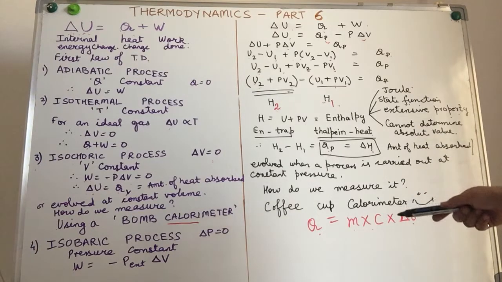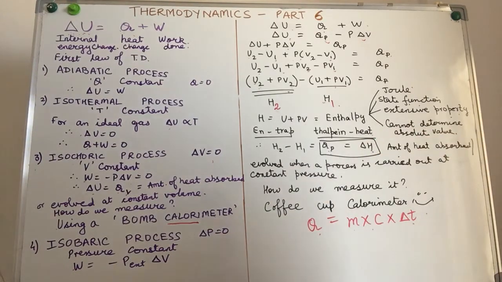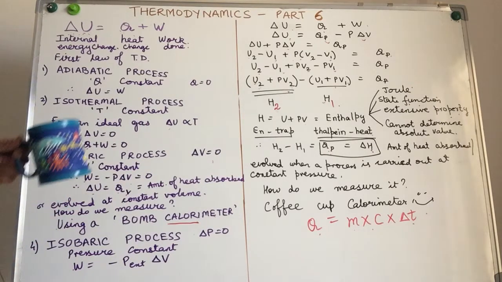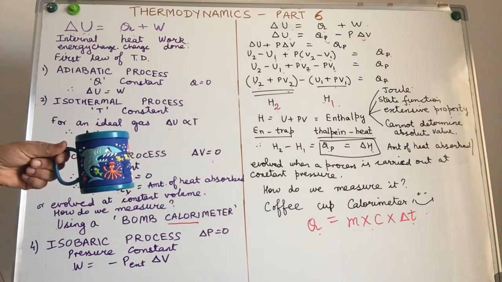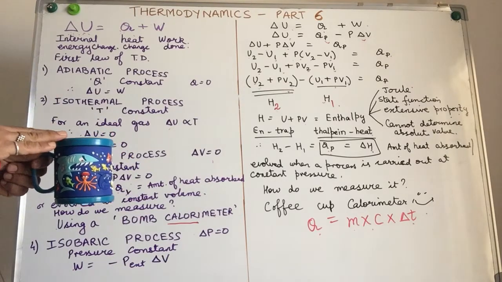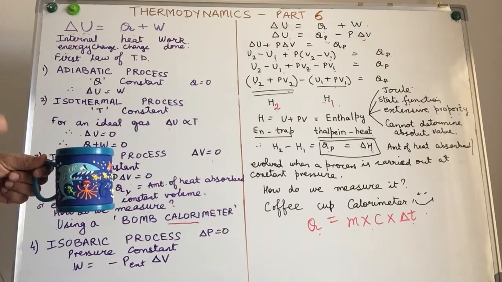How do we determine this QP? That means the amount of heat absorbed or evolved at constant pressure. Just now I mentioned that we are carrying out most of the processes under constant pressure conditions. So we can easily measure it by using an insulated mug. What we need to simply do is, we have an insulated mug which will not absorb heat itself.